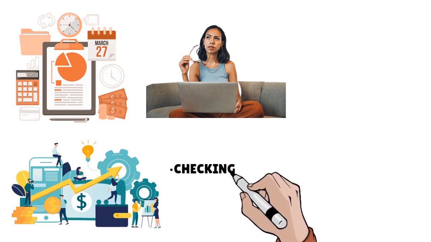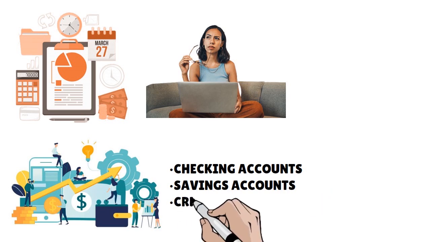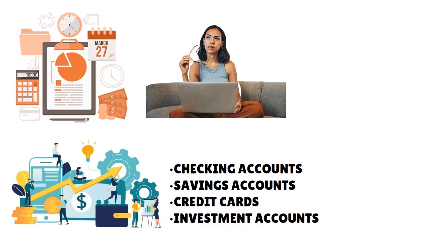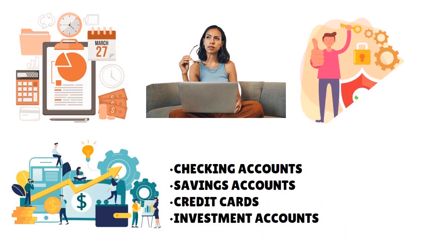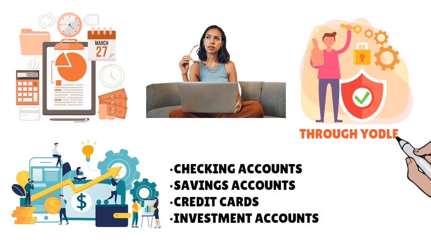When it comes to connecting financial accounts with Tiller Money, you can do so very automatically. Tiller enables you to connect checking accounts, savings accounts, credit cards, and even investment accounts. That's really good. They use bank level security through Yodlee, which 9 out of the 15 largest banks in the country also use.